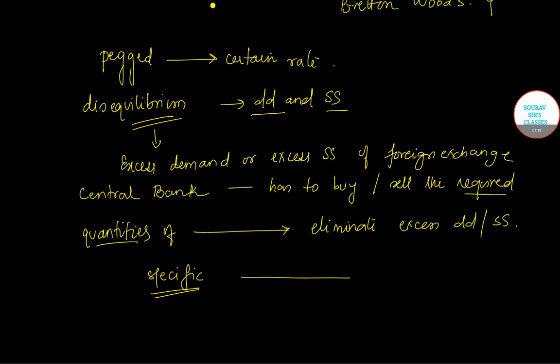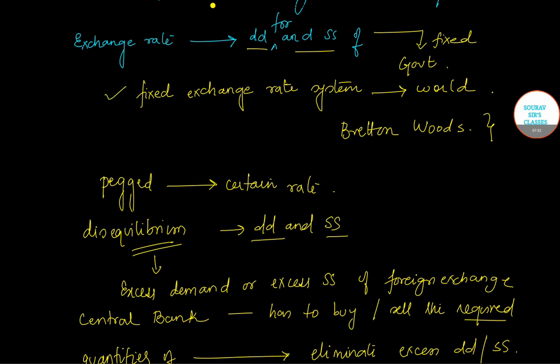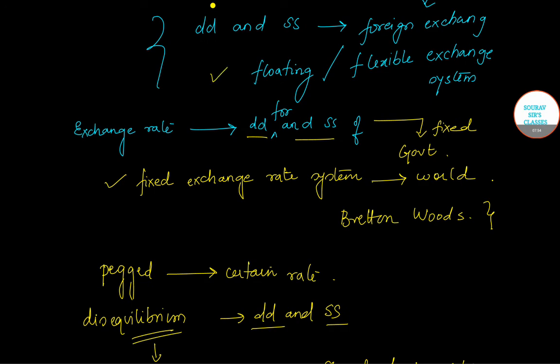It will be that quantity that can be bought or sold so that the fixed value of exchange rate, the exchange rate that has been fixed by the government at a particular point, is maintained. Okay. Now both these systems, whether you talk about the fixed exchange rate or the flexible or the floating exchange rate, both have their merits and demerits.